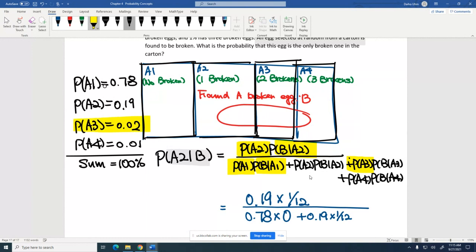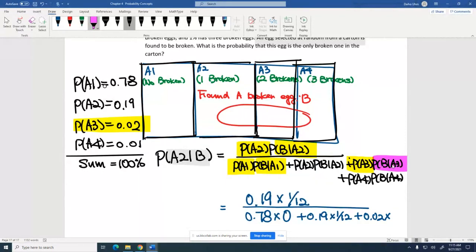And probability of A3, 2%. And now, what is the probability I pick a broken egg based on the case A3? What was A3? 2. Already I knew there are 2 broken eggs.